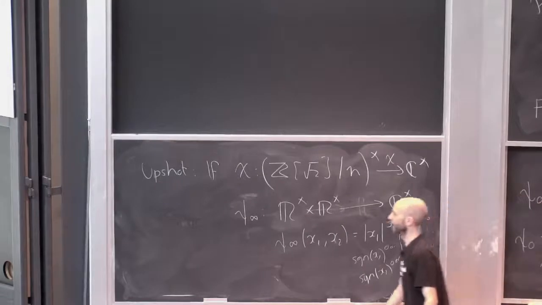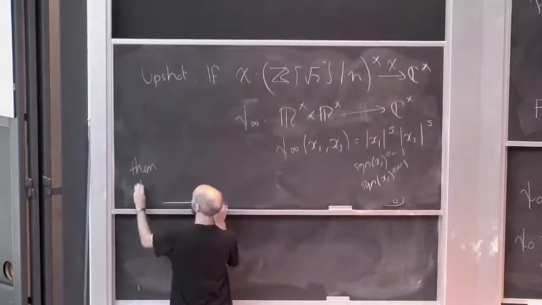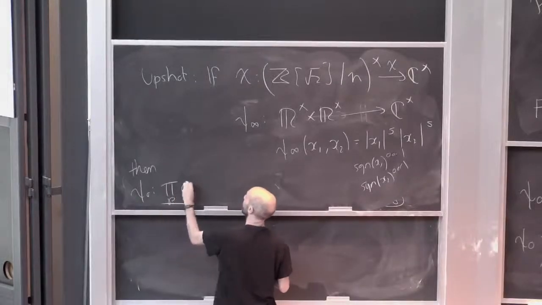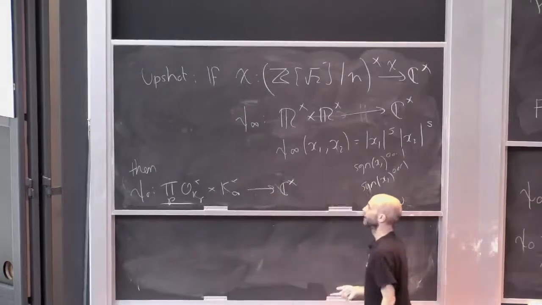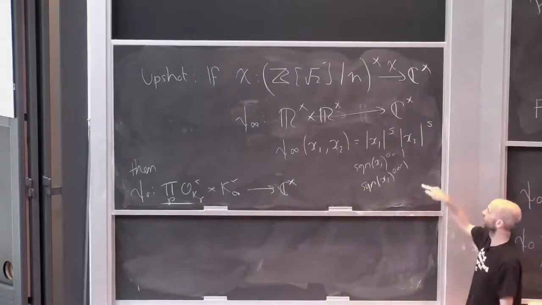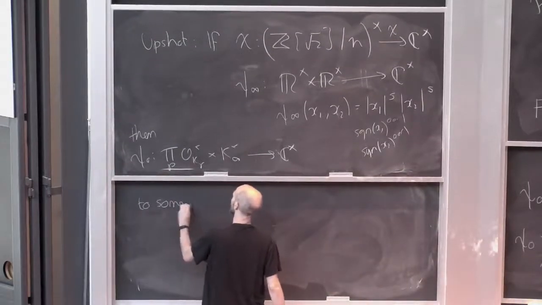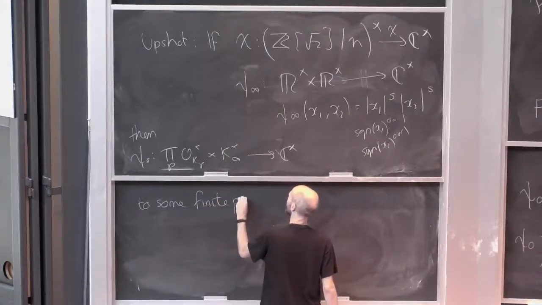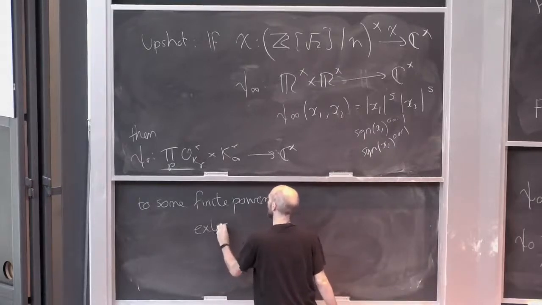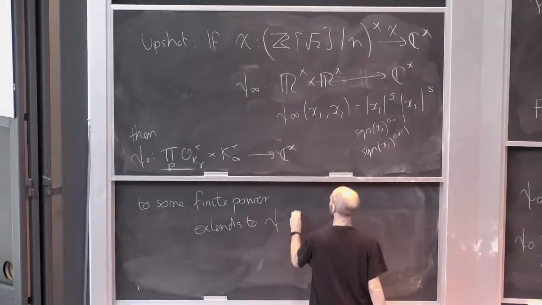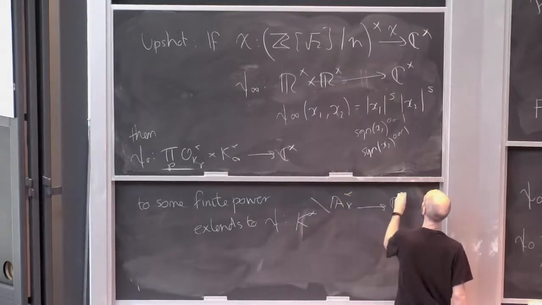Then up to finite order, the corresponding psi 0 from the product over p of O_p star, cross k infinity star to C star, up to finite order because there's some root of unity issue, to some finite power which makes all the roots of unity match up, extends to some psi from k star over a k star to C star.